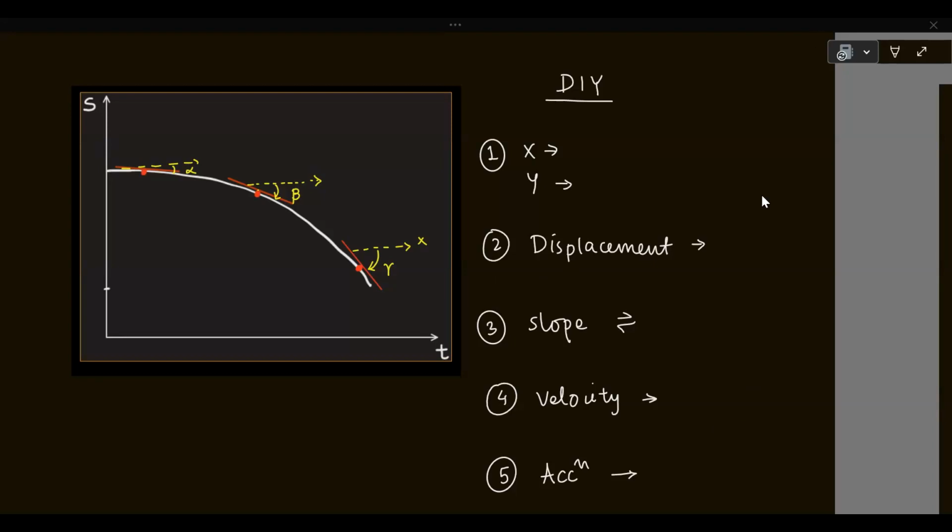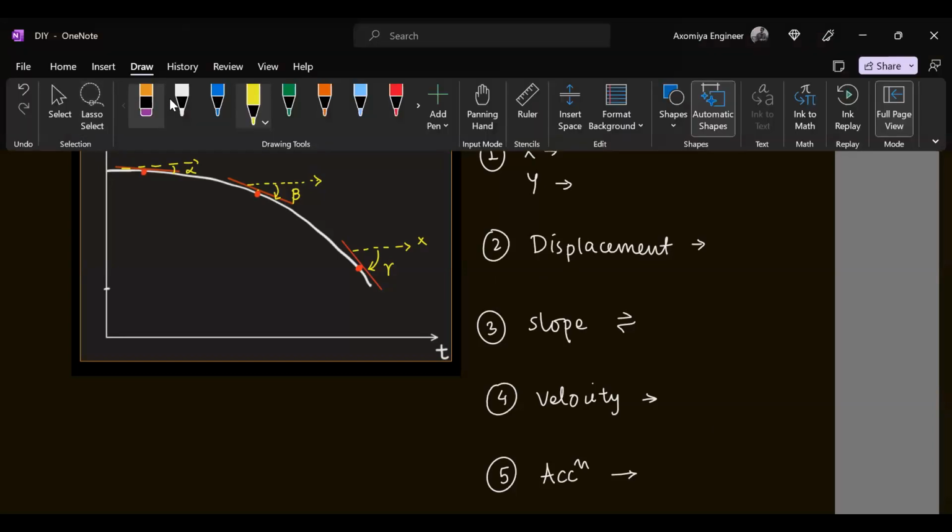Please check your answers. I'll fill it up. Yes, one more answer has come in. Velocity is negative. Yes, velocity is negative is absolutely correct. Awesome, guys. Purva has done it. Samruddhi has done it. Ritika. All of you, thank you so much for participating.